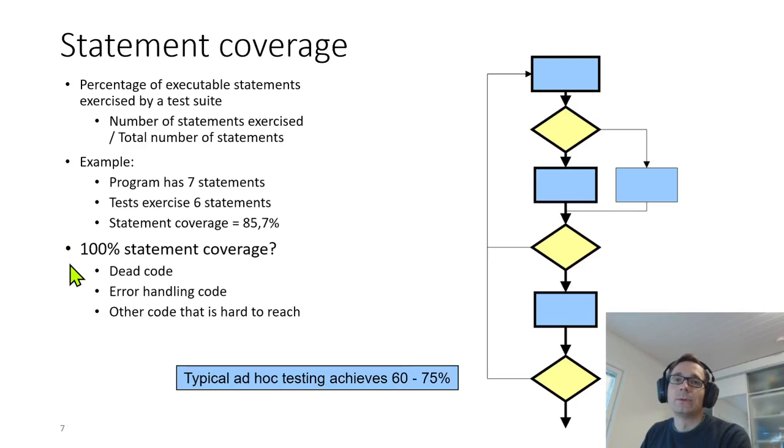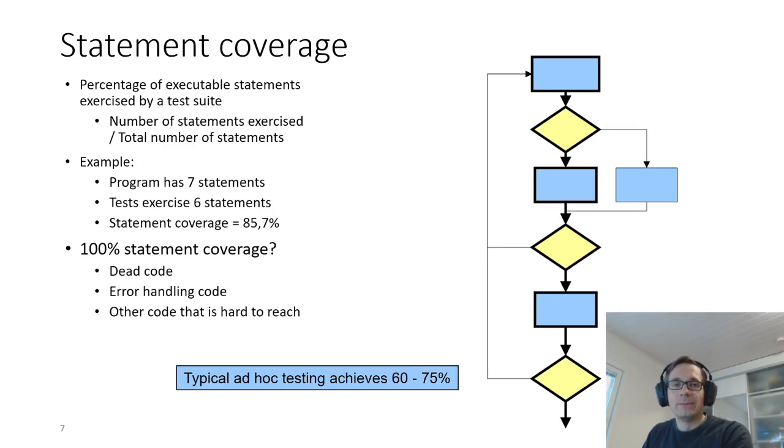Whether it's possible to reach 100% statement coverage in the real world obviously depends on the program. If a program has a lot of dead code, it is obviously not possible to reach 100% statement coverage. However, then one should consider removing the dead code.